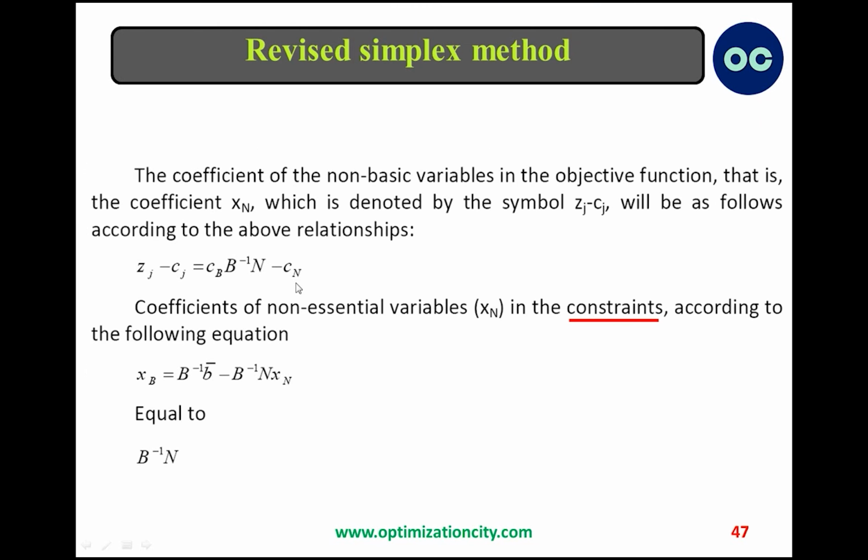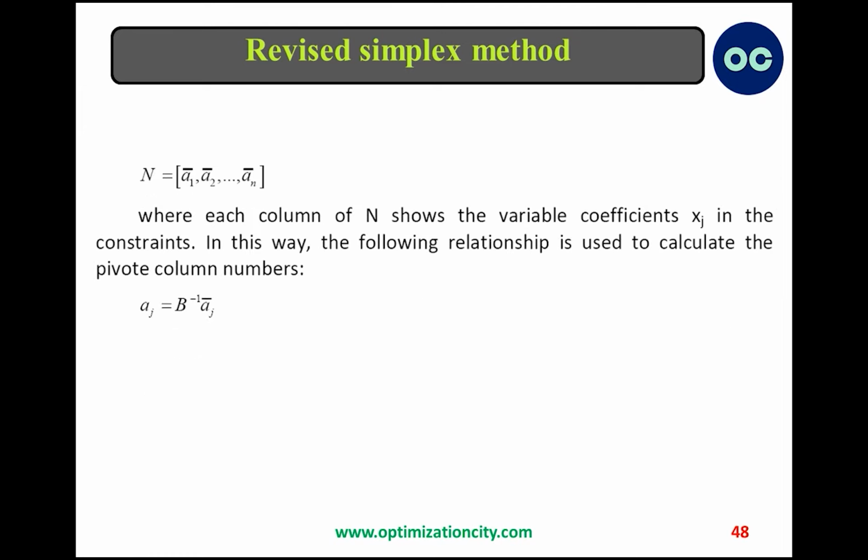The coefficient of the non-basic variable xn in the constraint can be determined as follows. So this is the coefficient of the non-basic variable in the constraint. And the N matrix represents the matrix where each column corresponds to a single non-basic variable.